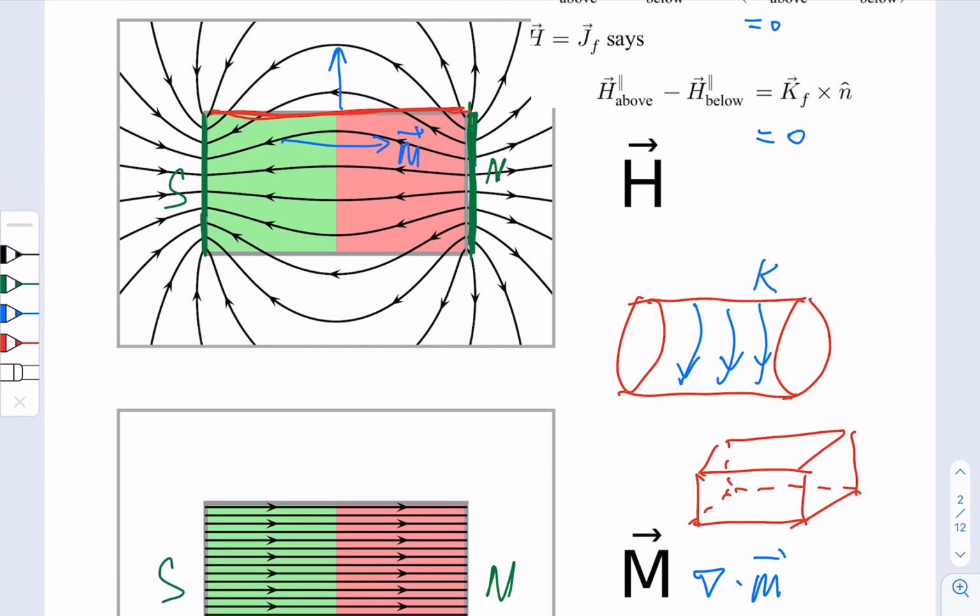Because now if we map this to a plus charge and a minus charge here, then we can actually use what we have already learned in the electrostatic problem to solve this problem.